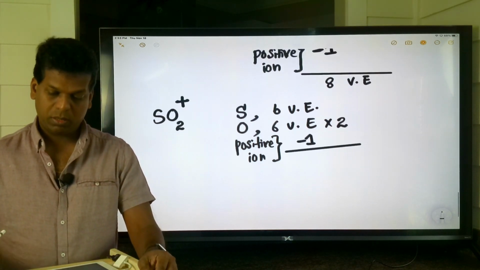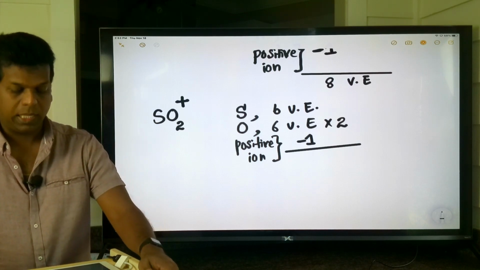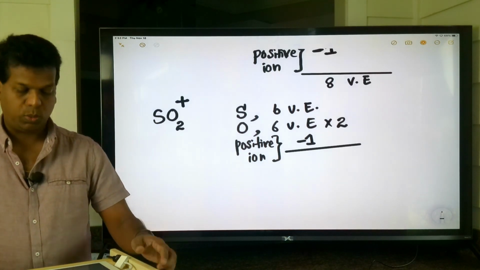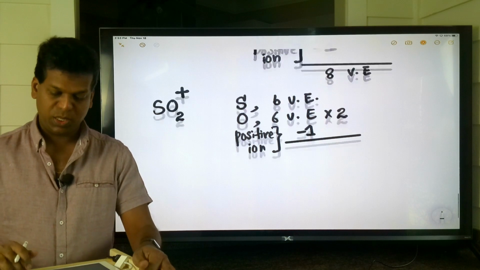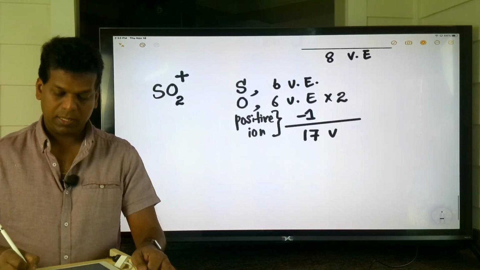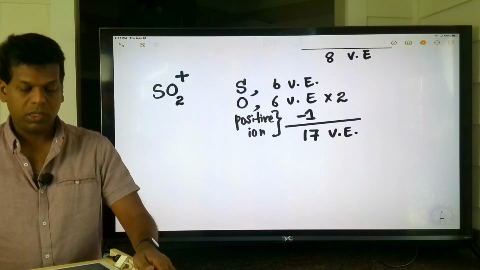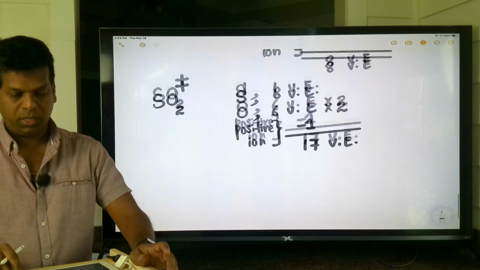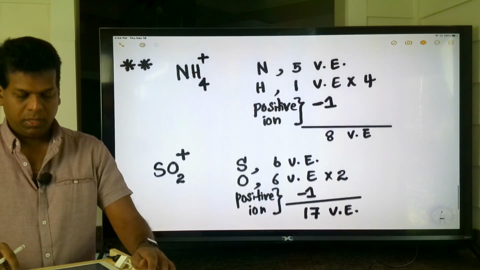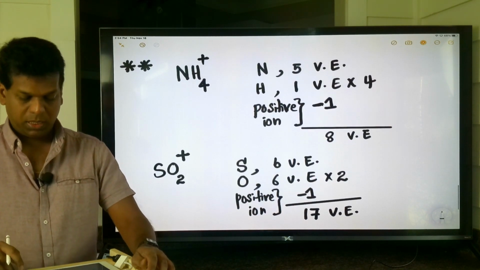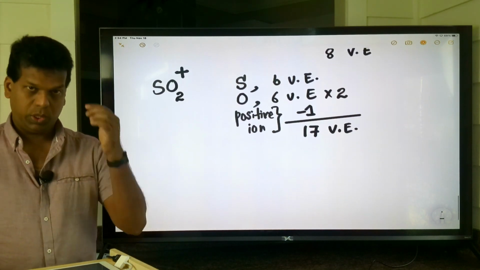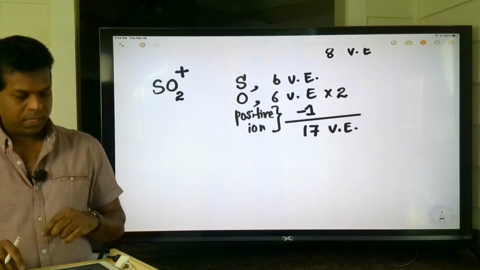So the total valence electron count for SO2+ is 18 minus 1, which is 17 valence electrons. I assume you got this point. This is a very simple thing to understand, but it is important when you write the Lewis dot structure. So that is the first step.